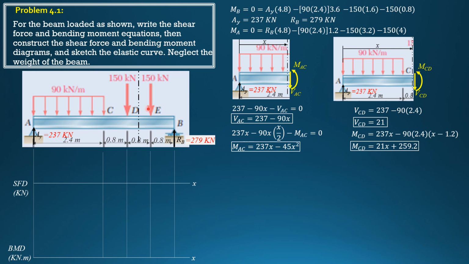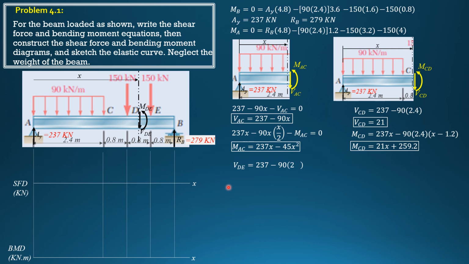So this time, we imagine that section. The shortcut is preceding shear, then you just add or subtract the new loading within that section or segment of the beam. So this is x this time. That's a positive shear because this is the right section, then the positive moment in DE.